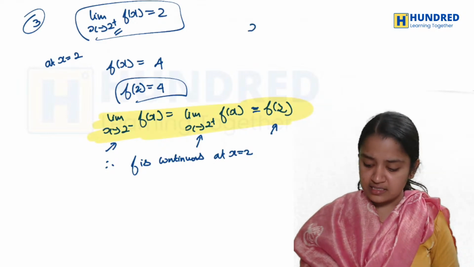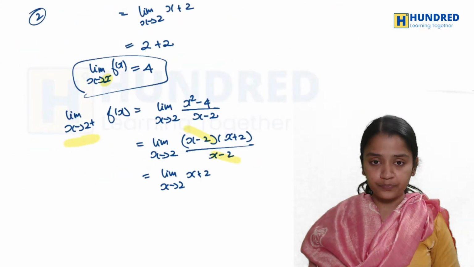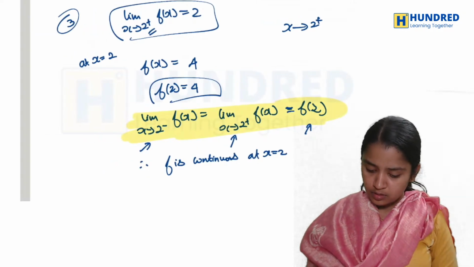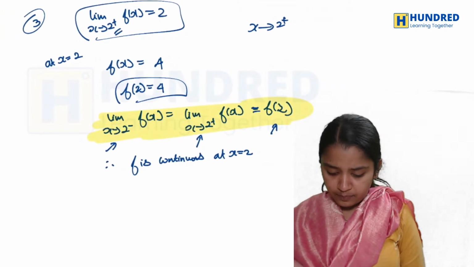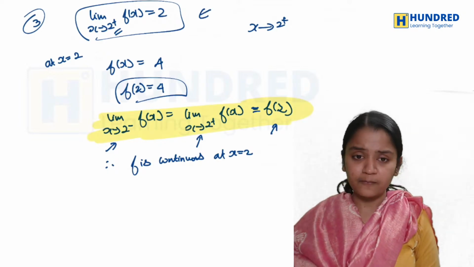I have written x tends to 2 plus, left hand limit, right hand limit, no? Slide 3, step 1.